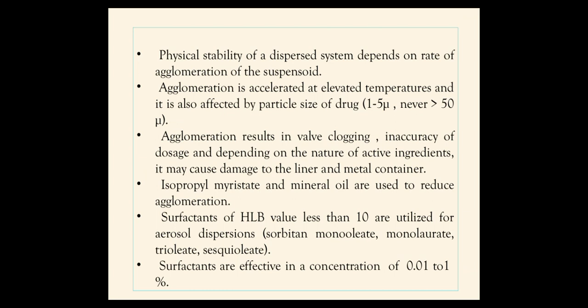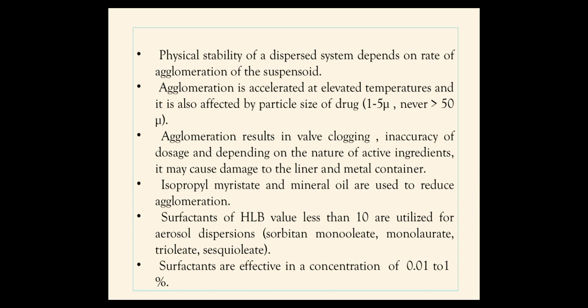Obviously, agglomeration is accelerated at elevated temperature and is also affected by the particle size of the drug. Agglomeration results in caking, clogging, inaccuracy of dose, and depending on the nature of the ingredient, it may cause damage to the inner metal container. Isopropyl myristate and mineral oil are used to reduce agglomeration.